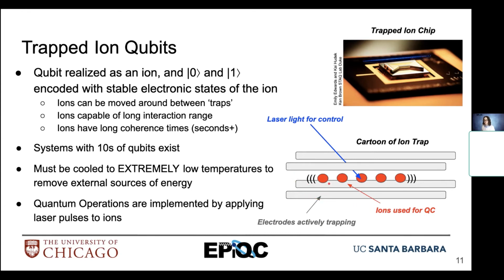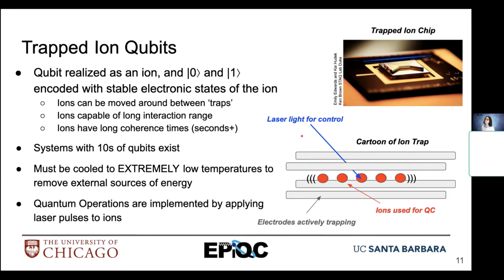They move around because their energy levels are changing to be able to evolve quantum state. And then we control them with laser light, so that allows implementations of gate operations. There are also special procedures to allow for the readout of those quantum states.